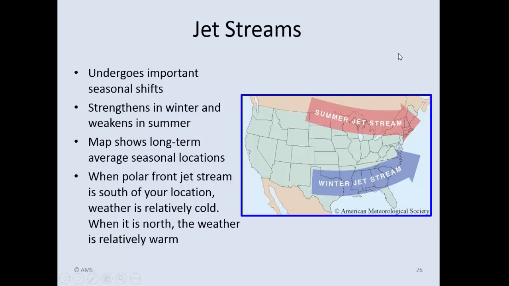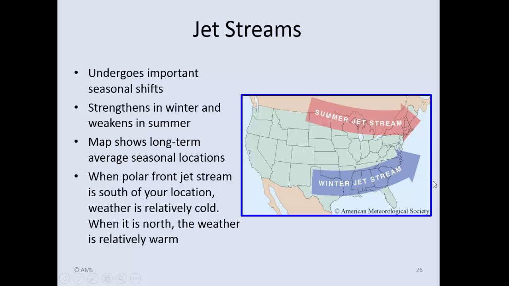Now remember, I had mentioned earlier in the first part of chapter 9 that all of these things shift north and south with the seasons. Everything shifts to the north during our summer, and everything shifts to the south in our winter. So the polar front jet stream does too, okay? The summer polar front jet would be far to the north, mostly in Canada, but sometimes the winter jet, which could be either the polar front or the subtropical jet, could be down as far south as across the South.